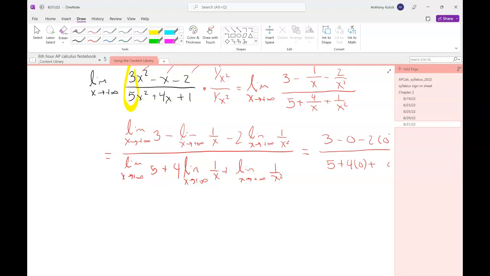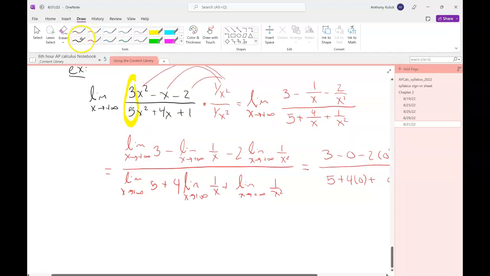What happens if the denominator is greater than the numerator? Then it goes to 0. Because imagine, just for the sake of argument, Luke, if this was x cubed, I would make this x cubed.